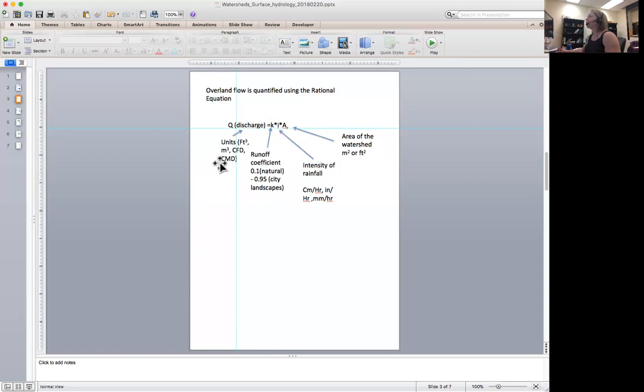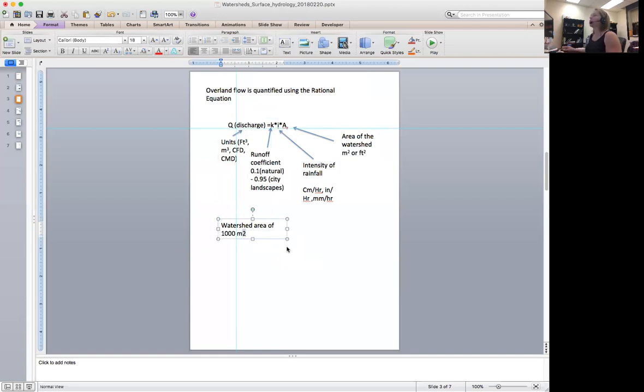And so if we ask that question, we think about it and we say, okay, well, let's just go through one example. And we say, okay, we have two watersheds, they have the same area. So watershed area of 100 or 1,000 meters squared. So it's a pretty small watershed. Okay.